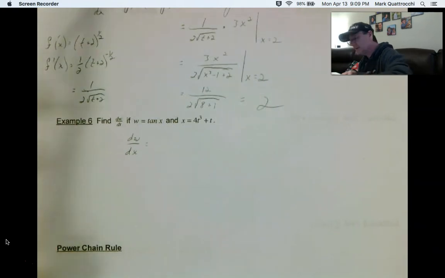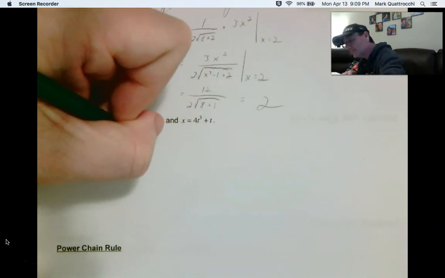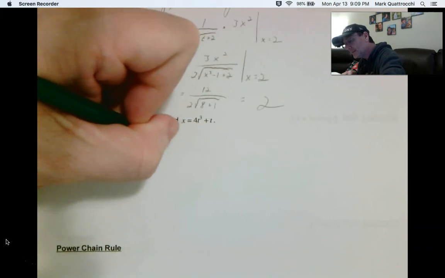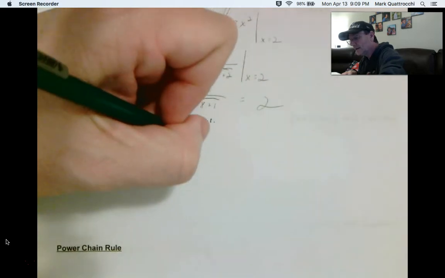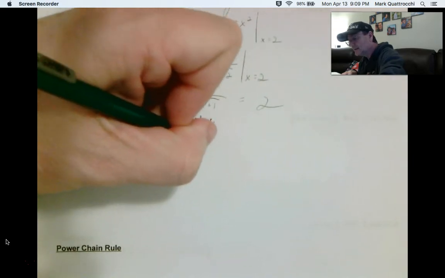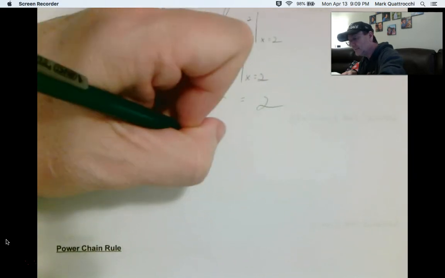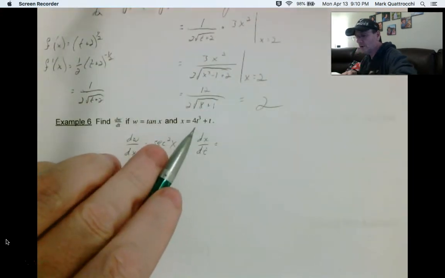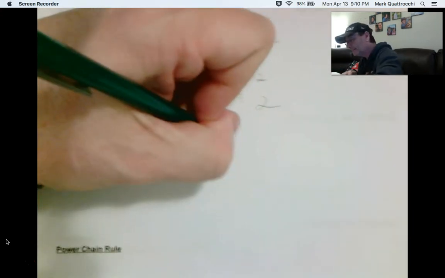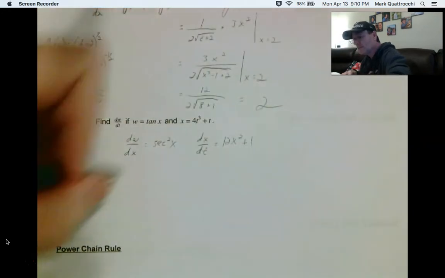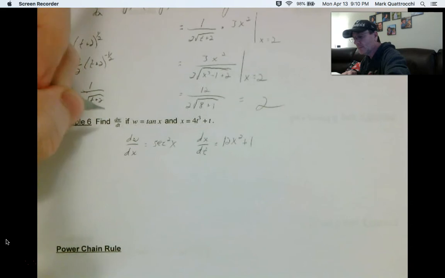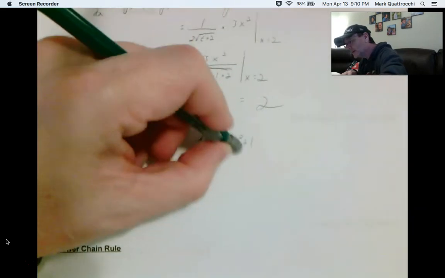What's the derivative of tangent? It's secant squared. And dx/dt is equal to power rule, 12t squared plus 1.